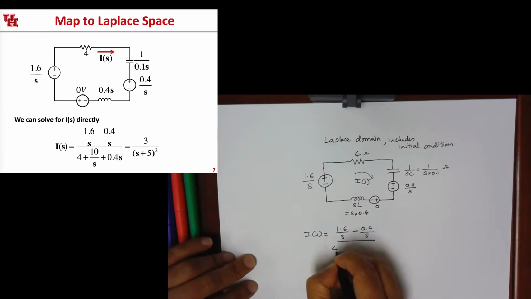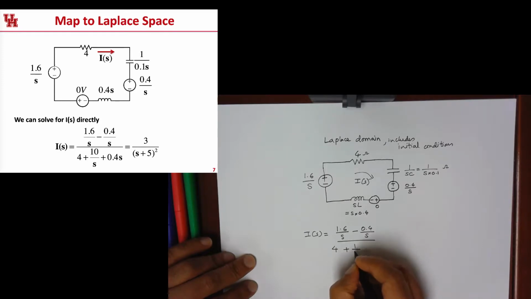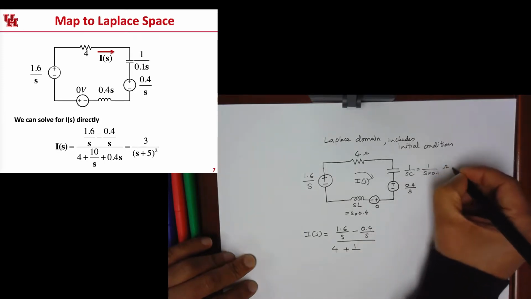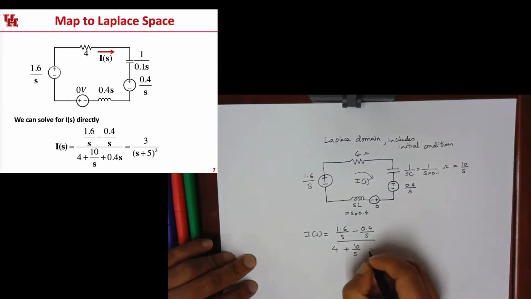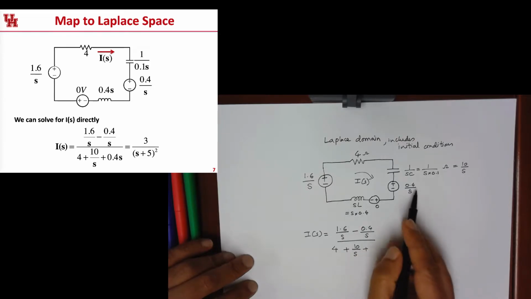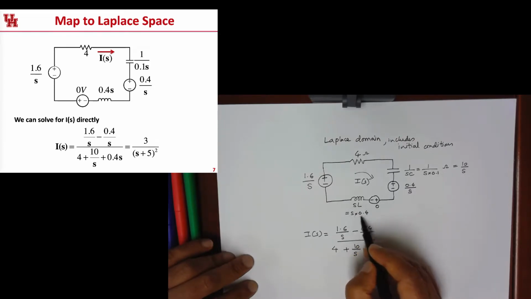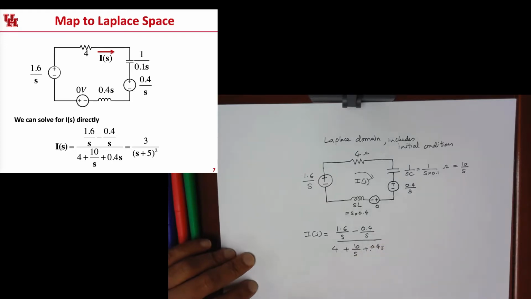So this is going to be 4 for the resistor, plus 1 over SC, which is basically 1 over S times 0.1, which is 10 divided by S. So I'm going to write that as 10 divided by S, plus 0.4 S, which is the impedance associated with the inductor. So now we can simplify this.